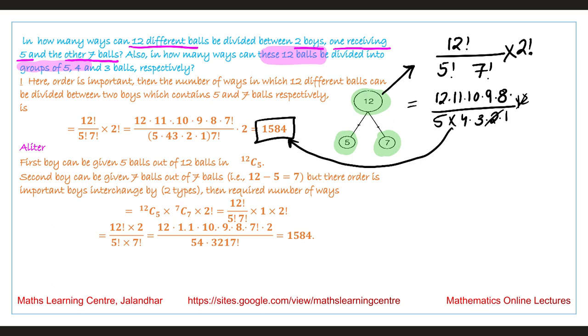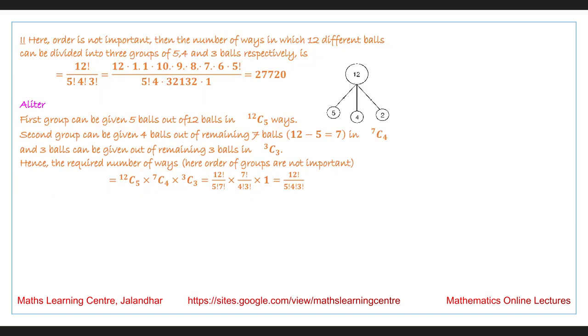Now the second case is: in how many ways can these 12 balls be divided into groups of 5, 4 and 3 balls respectively. One thing is clear from here, that since 5, 4, 3 balls are given respectively, the grouping order is important over here. So if we calculate the total number of options, we have a total of 12 balls to be distributed. The first group should have 5, the second should have 4 and the third should have 3 balls.